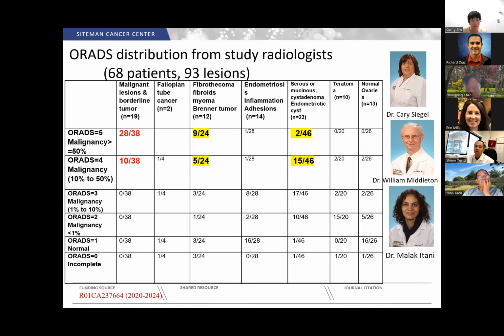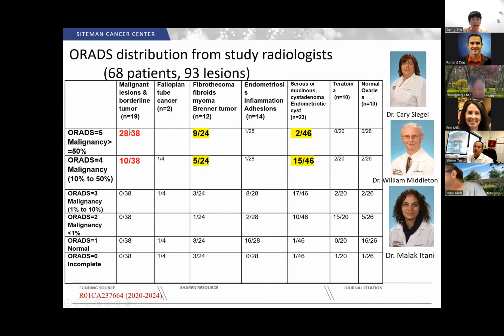This is from the recent 2 years. Radiologists want to standardize the reading. So this table you see is based on the ultrasound, with CT image knowledge too. And then you see that for most of these cancers, the second column, those are the cancers, their readings are higher, from 10 to 50%, ORADS 4 category to ORADS 5 category.